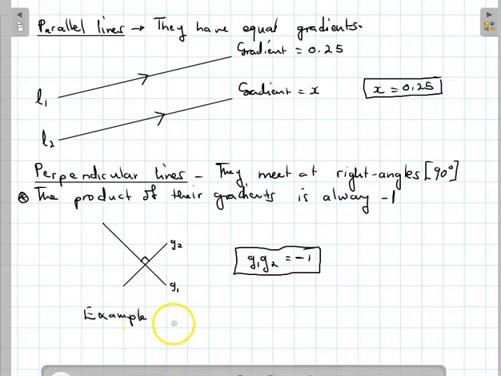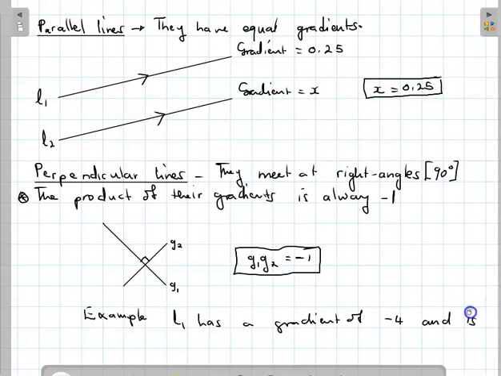Okay, let me just say L1 has a gradient of -4.